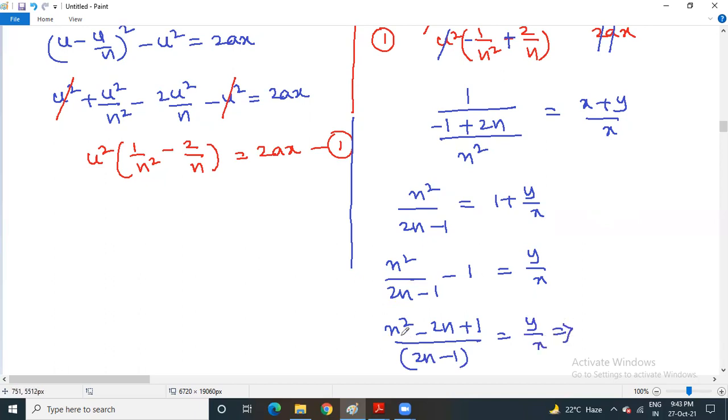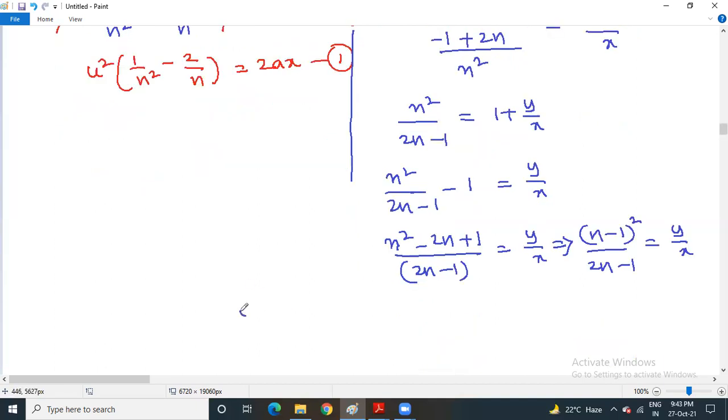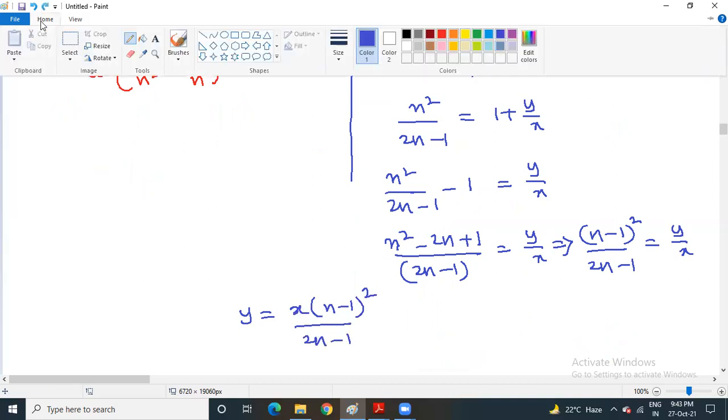This can be written as n minus 1 whole square divided by 2n minus 1 is equal to y by x. So the final equation is y is equal to x into n minus 1 whole square divided by 2n minus 1. This is the desired equation.